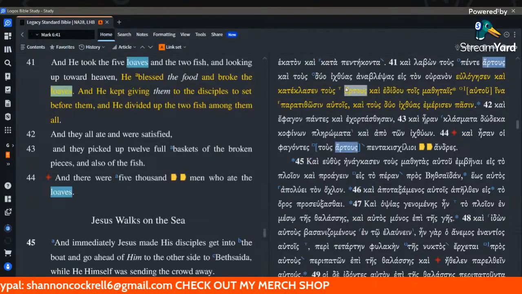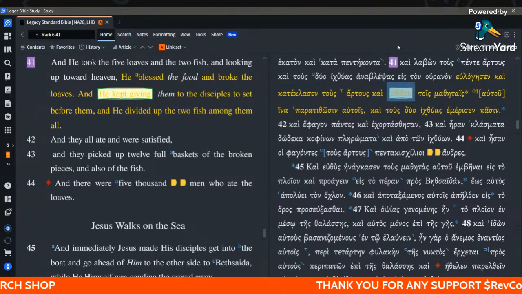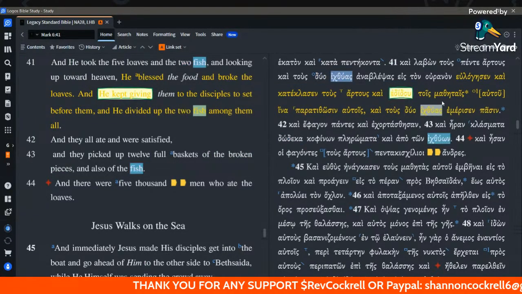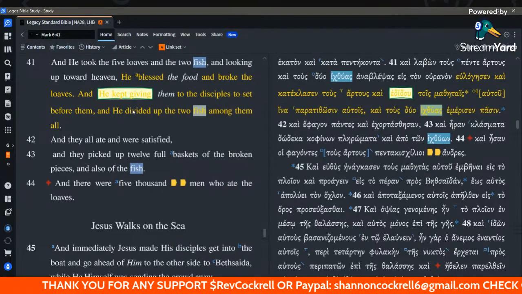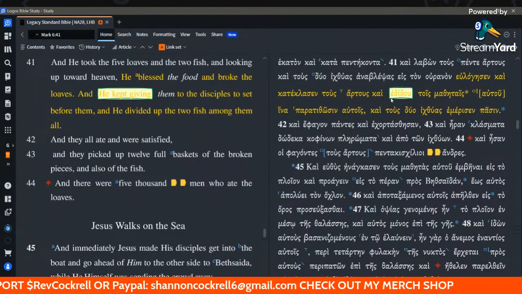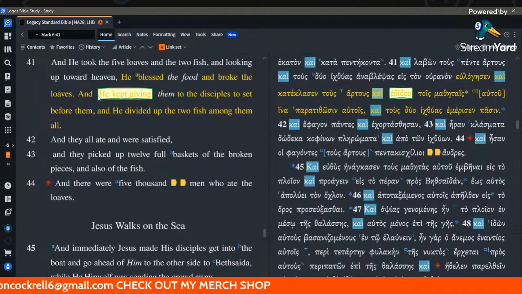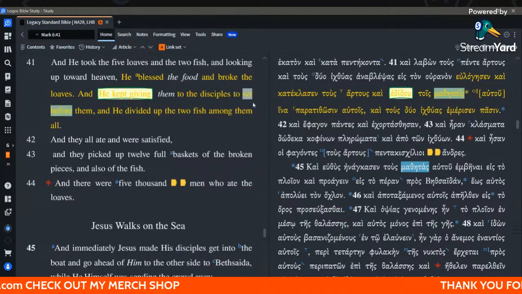And here is our Greek verb over here. Probably can't really see it. Edidou. He gave. And then because of the aspect of this tense, imperfect tense, he kept giving them to the disciples.